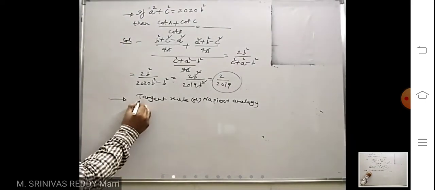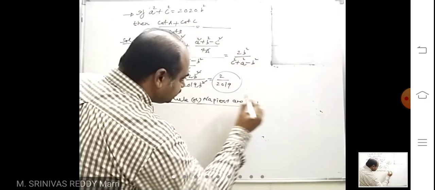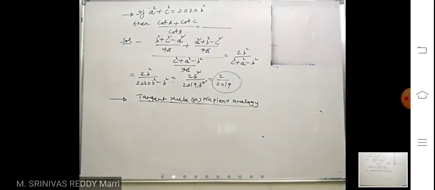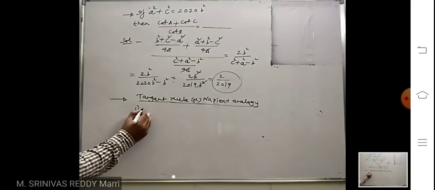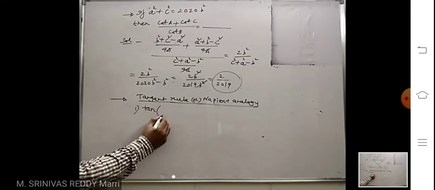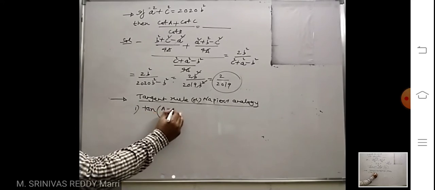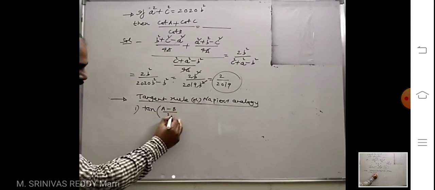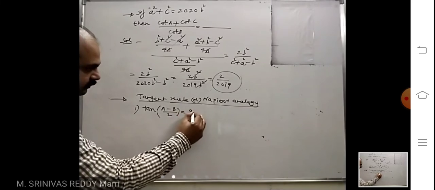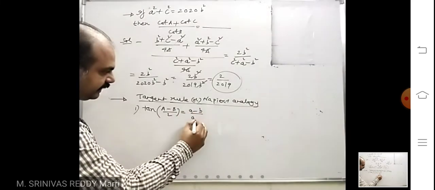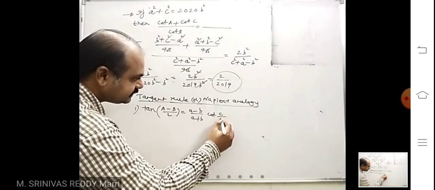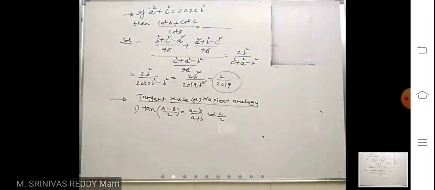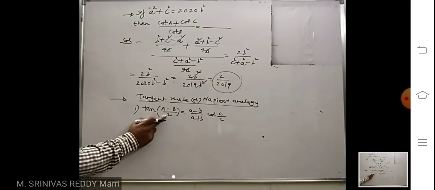Look at what the theorem is. This theorem states that tan of (A minus B) by 2 equals (a minus b) divided by (a plus b) into cot C by 2.